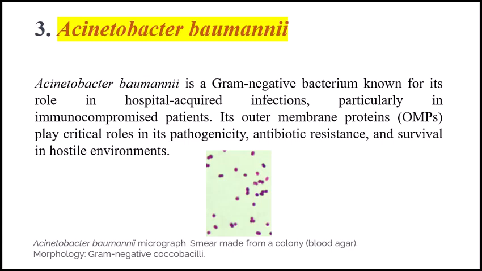Because it is mainly found in hospitals, and our lecture is about those pathogens that are involved in nosocomial infection. So they cause hospital-acquired infections, especially dangerous for patients in ICU and people with a weak immune system, or we can say immunocompromised. Healthy people usually fight it off, but weak patients cannot.